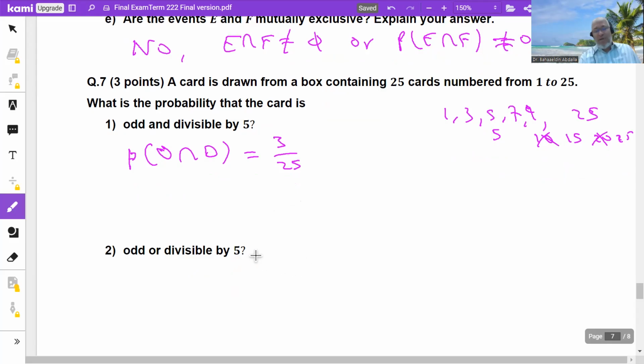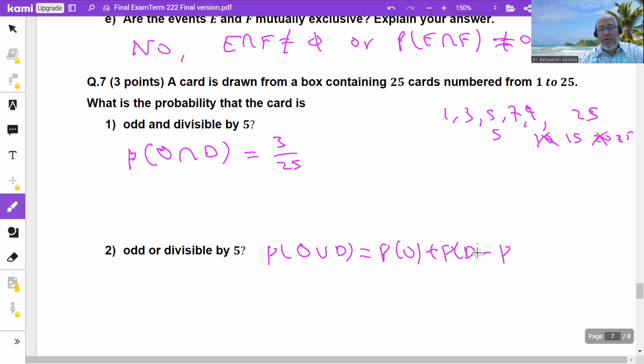Odd or divisible by 5. You can think how many numbers are odd or divisible by 5. Or you can find the probability of odd union divisible by 5: probability of odd plus probability of divisible by 5 minus probability of the intersection. You can think of it in different ways. So the probability of odd, how many odd numbers? I have 1, 3, 5, 7, 9, 11, 13, 15, 17, 19, 21, 23, and 25.